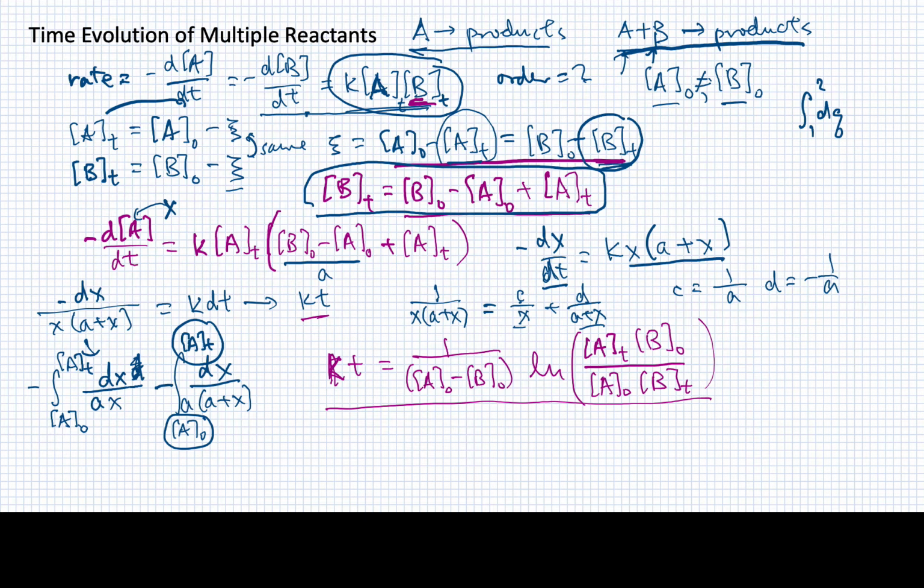All right, now I'm not so interested in your being able to always figure this out, but what I want to show you is that when you have two reactants, it's not as simple as just doing a simple integral like we've been doing for first, zeroth, and second order rate laws. It's actually a more involved process where we first have to express the second reactant in terms of the first reactant.